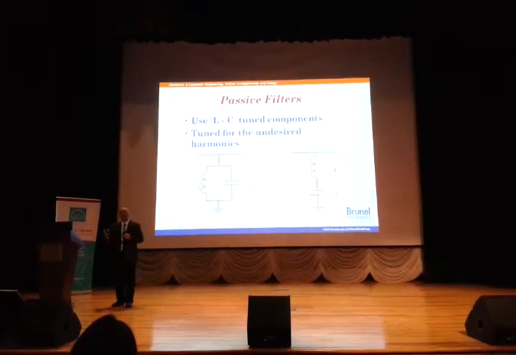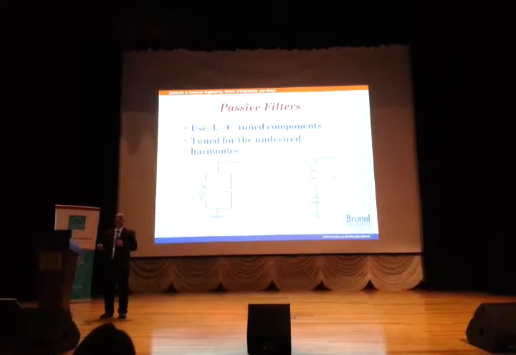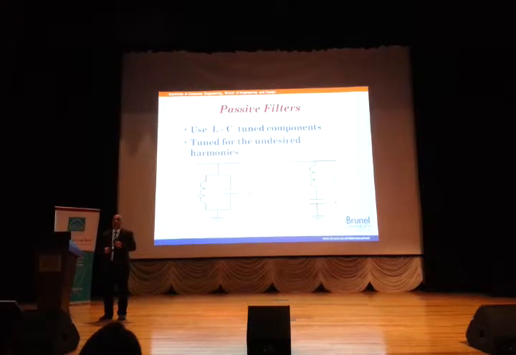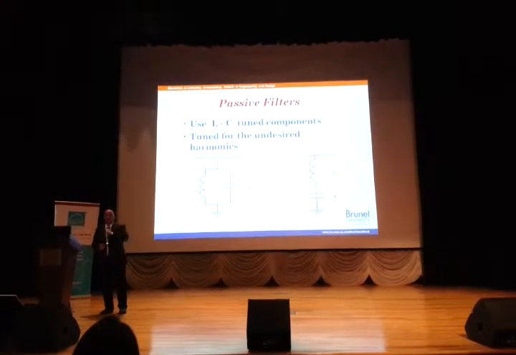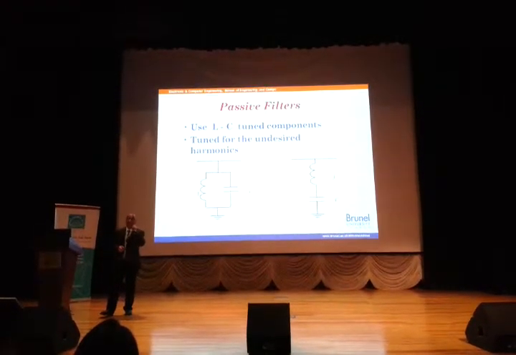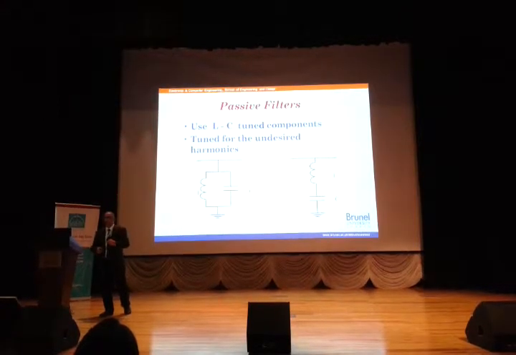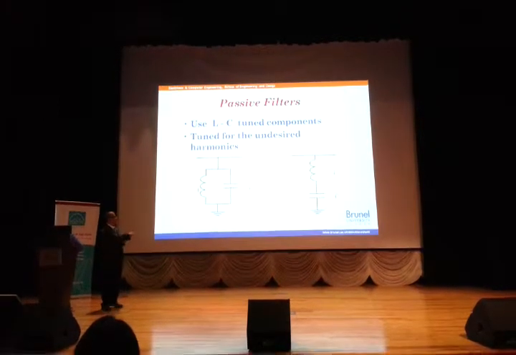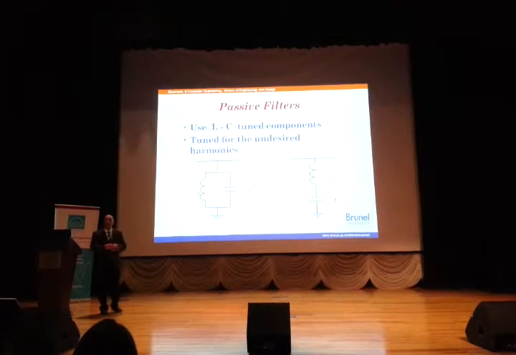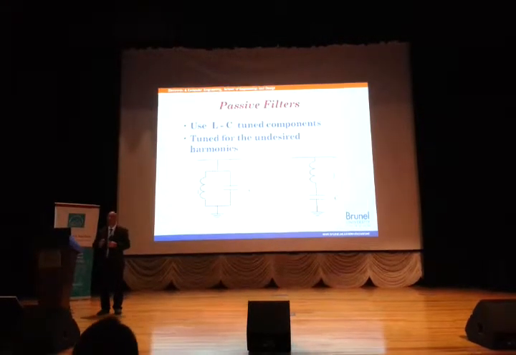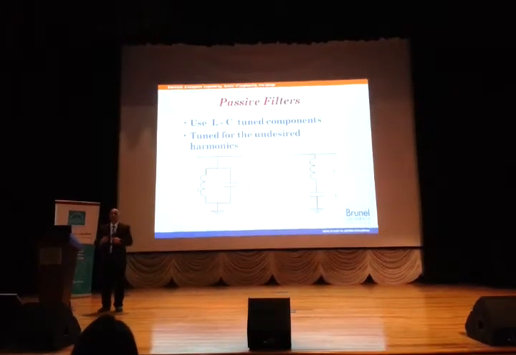Passive filters, these are the classic ones. We all know about them. Either I have a tuned filter, i.e. for each specific harmonic. Let's say I would like to cancel the fifth harmonic, the seventh harmonic. Then I will design my filter so that XL and XC equal each other at this specific frequency, so I have almost zero impedance.